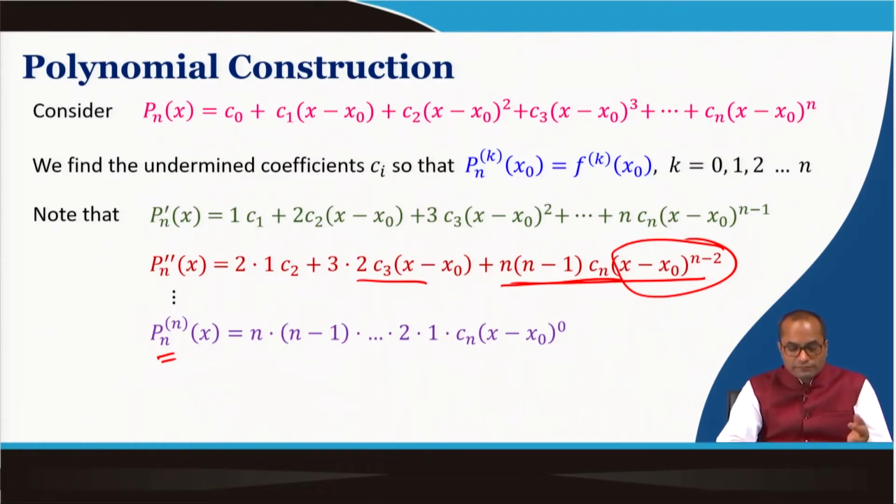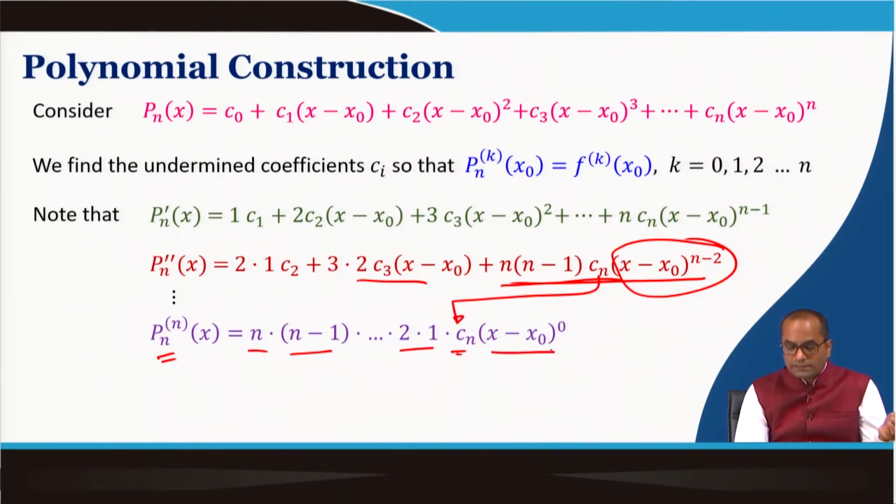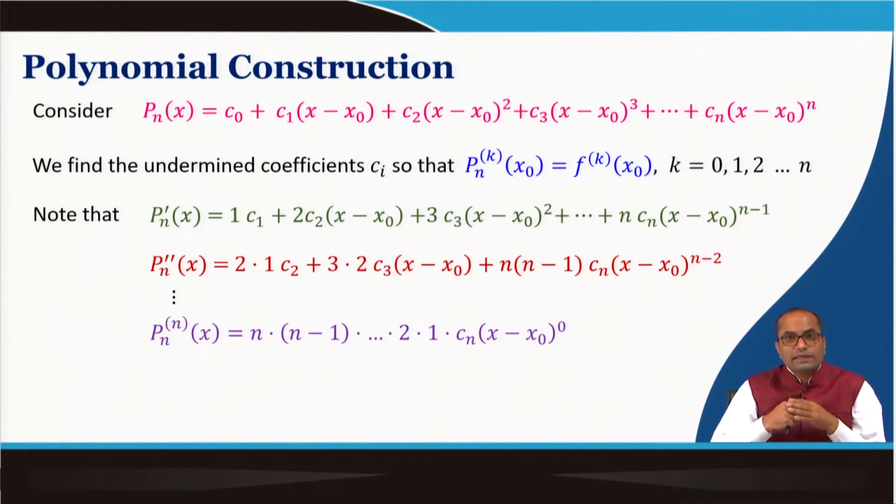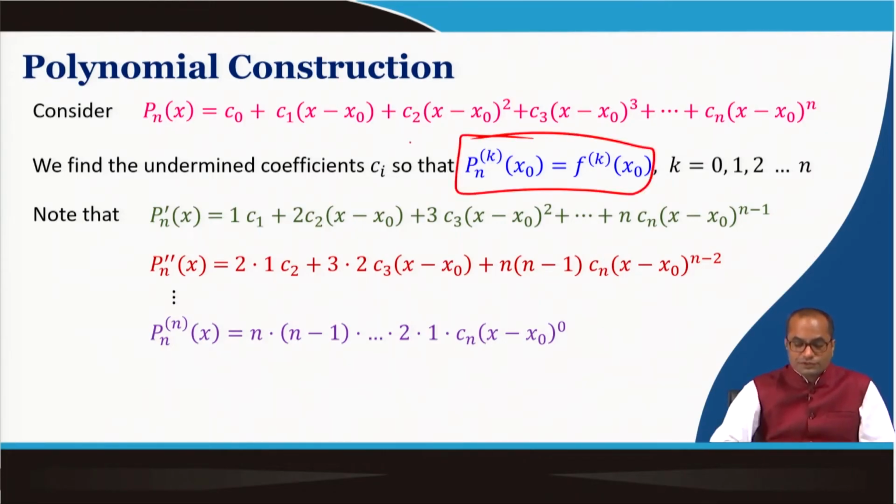So we will get just the constants there: n, n minus 1 and so on, 2 into 1, and then Cn will be there, and x minus x naught power 0, so this is 1. So we will not get any term of x in the nth order derivative of this polynomial. Well, now we have all these derivatives because we need them for these restrictions.